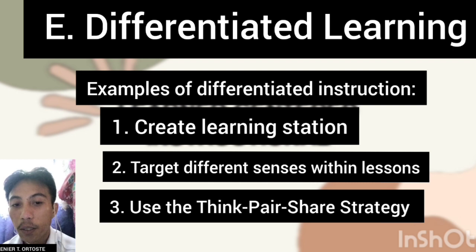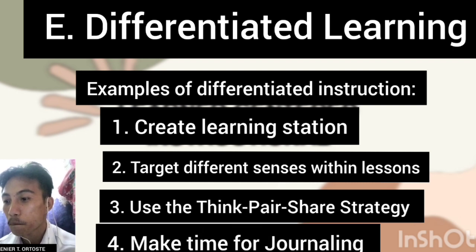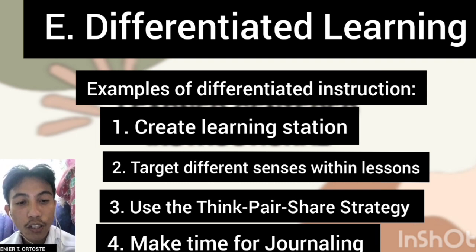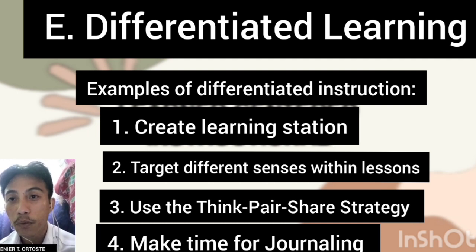So for the fourth example, which is to make time for journaling. So dito naman sa part example ng differentiated instruction, alam naman natin kung ano yung journal. So for example, pagkatapos ng klase, si teacher, he or she is going to recommend to the students to make a journal pagkatapos ng klase.